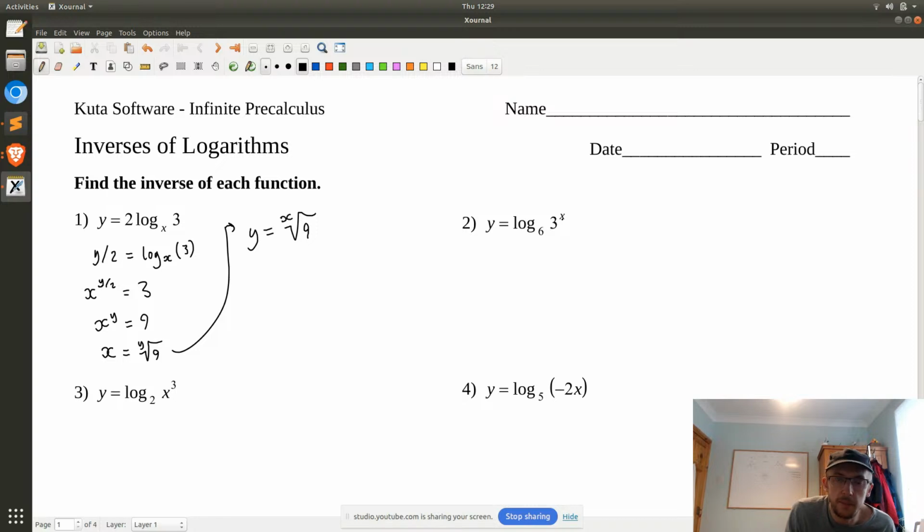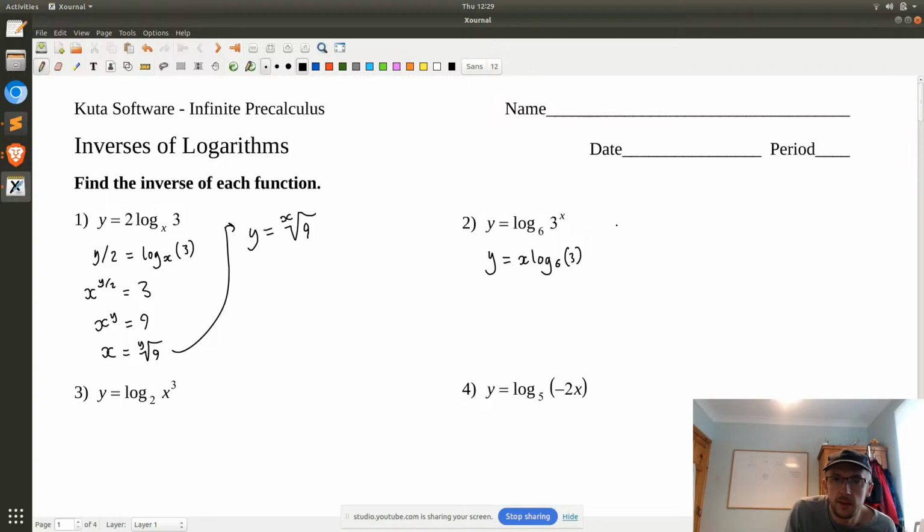There's an x up in the power here, so I can move that to the front. And now log base 6 of 3, recall that that's literally just a number. So you can divide both sides by that.